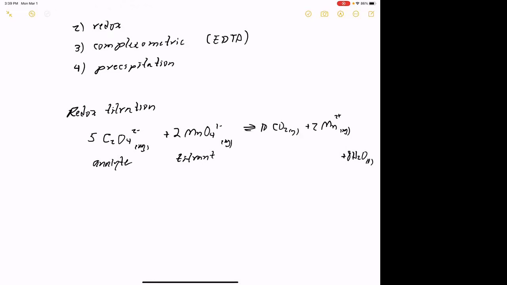If I have moles of the permanganate, I ought to be able to get back to the moles of the oxalate using the balanced chemical reaction equation to make a mole bridge. So what do I need to know about the titrant in order to get back to moles of the C2O4 2-? Concentration. Yeah, I need to know the concentration of it.